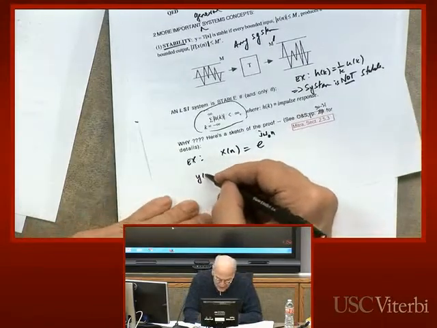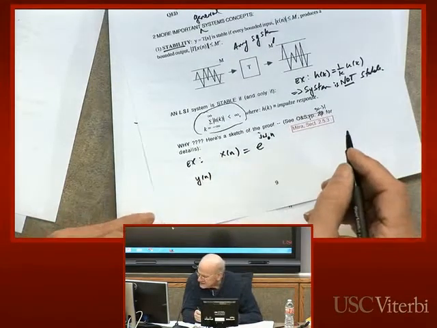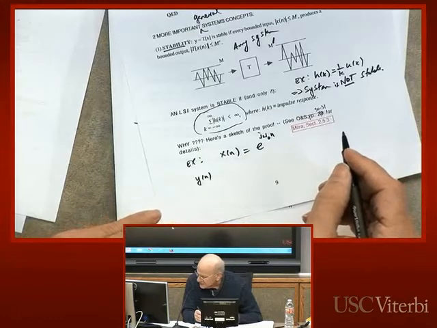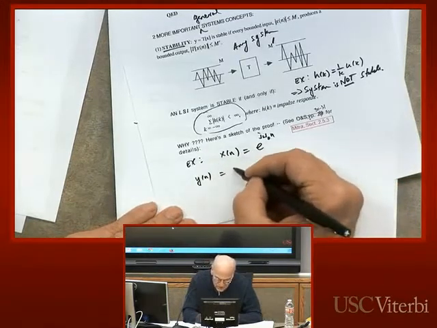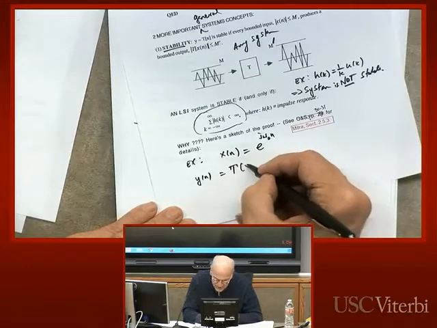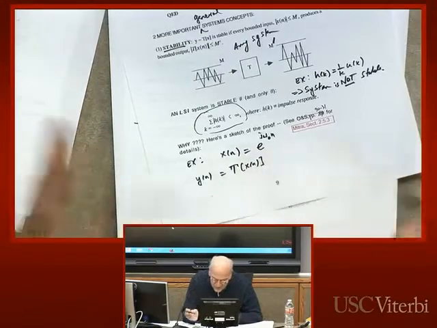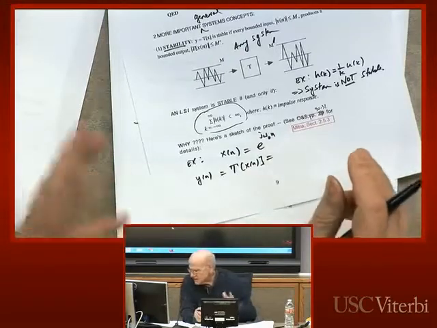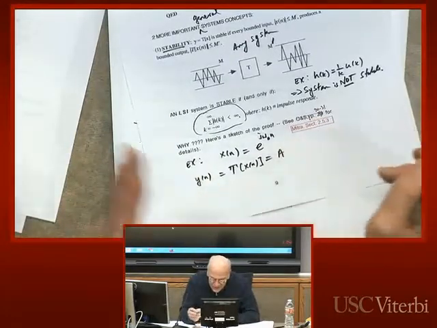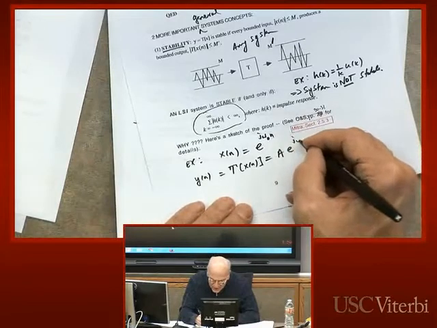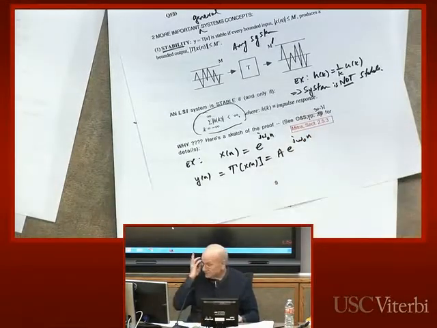What does that look like? Suppose the output of the system is e to the j omega naught n.